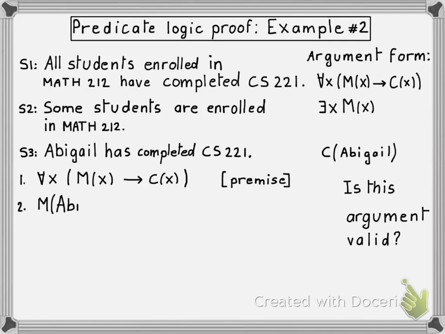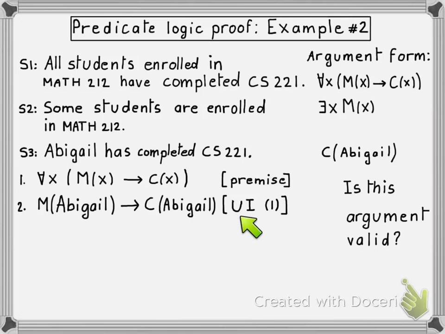In other words, our second true proposition in our proof will be: if Abigail is enrolled in Math 212, then Abigail has completed CS 221. Don't forget to justify your inferences. The justification for the second proposition is the application of the rule universal instantiation applied to proposition number 1, namely this one in the proof.